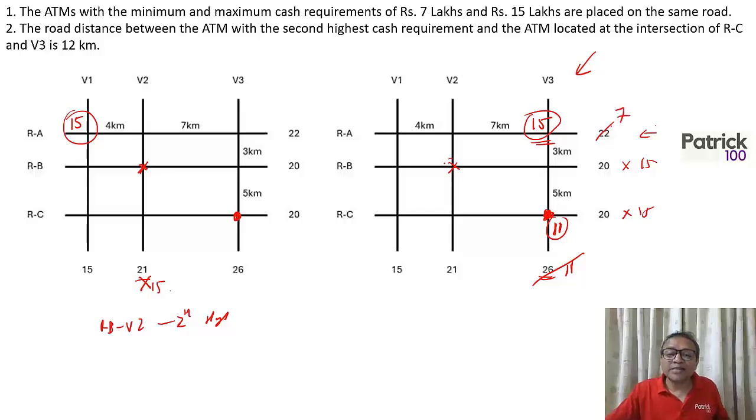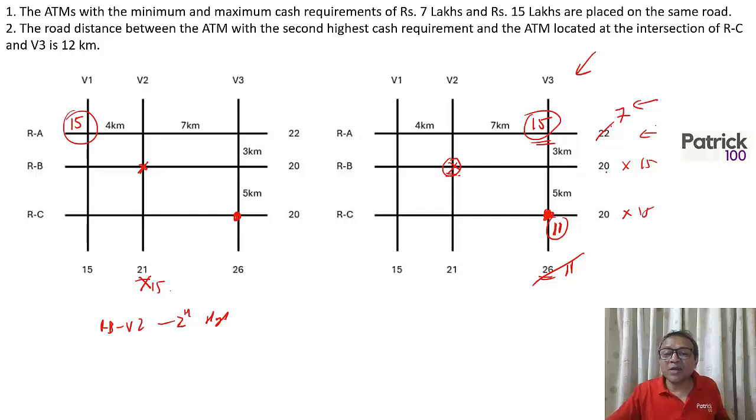So I know the second highest comes out here, RB and V2. If the second highest comes out here, what can it be? It has to be more than 11. And 7 has to be on this first row, remember. So if this has to be more than 11, if it's 12, then you require 12 and 8. If it's 13, you require 13 and 7.